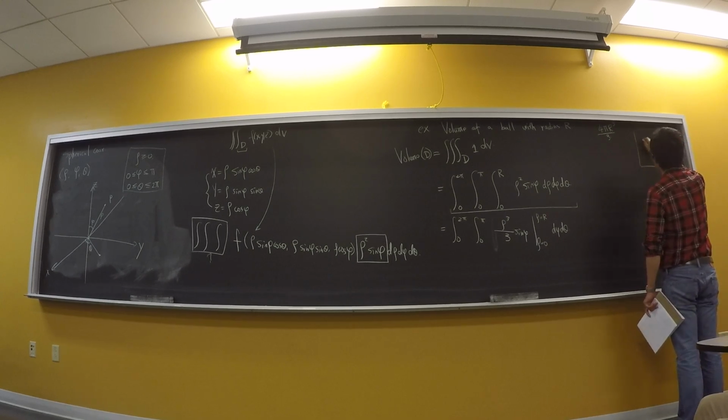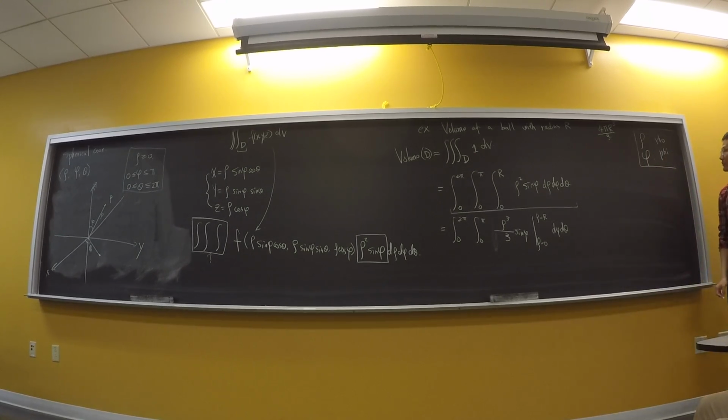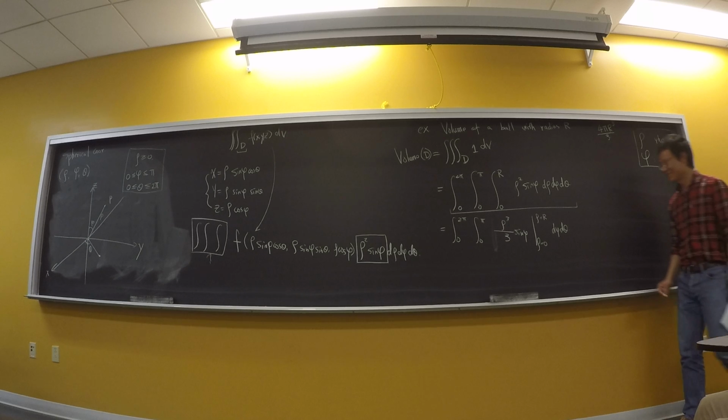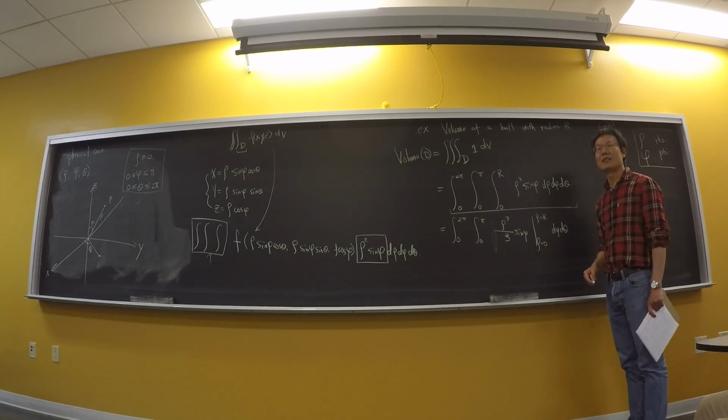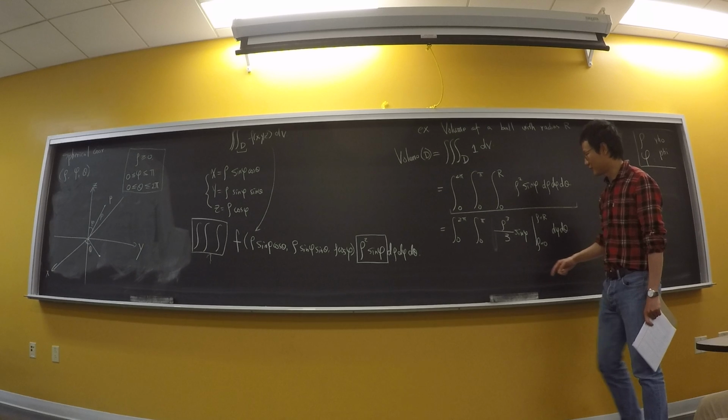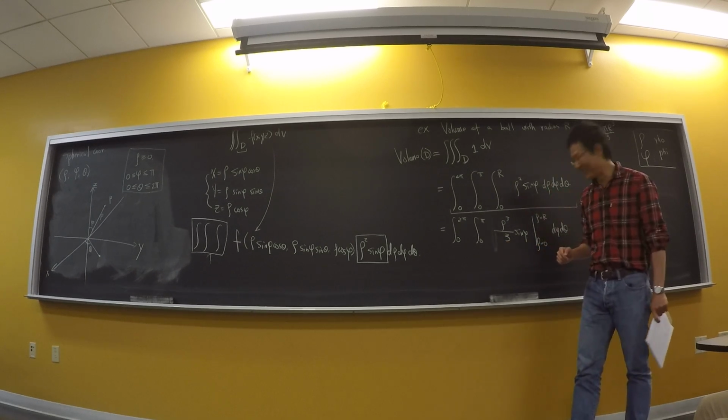So this is my rho, and this is my phi. They're not the same. Both ways I write it still look the same.